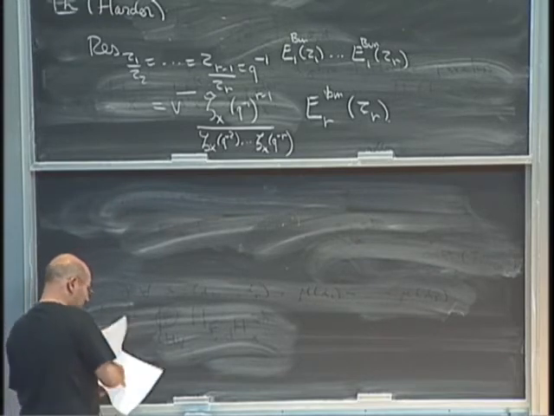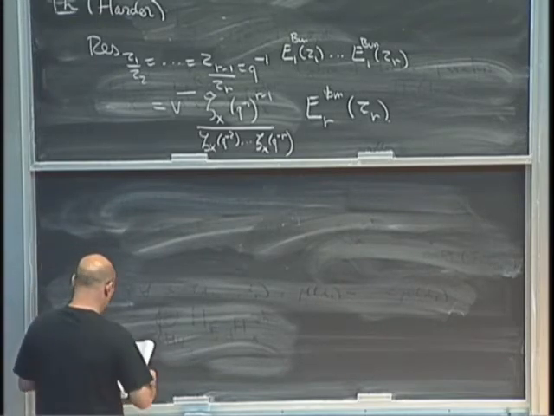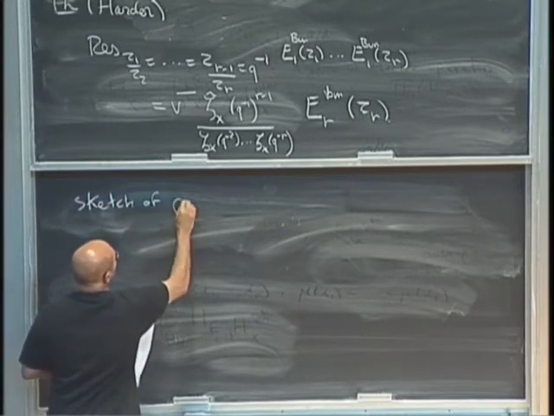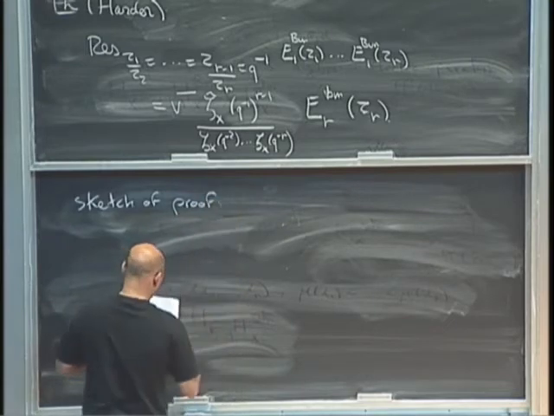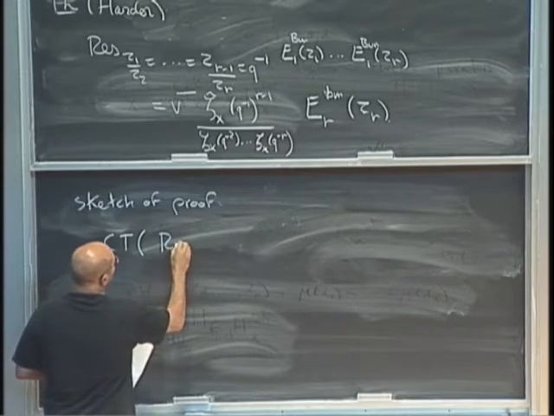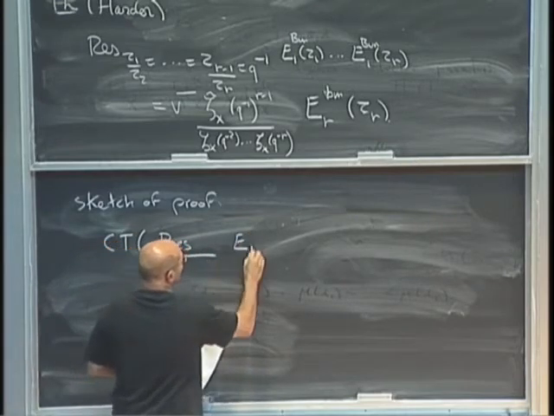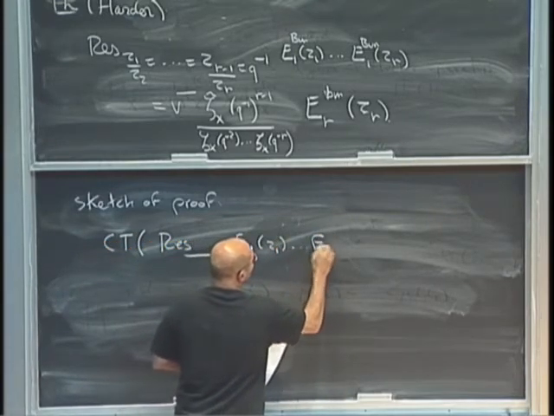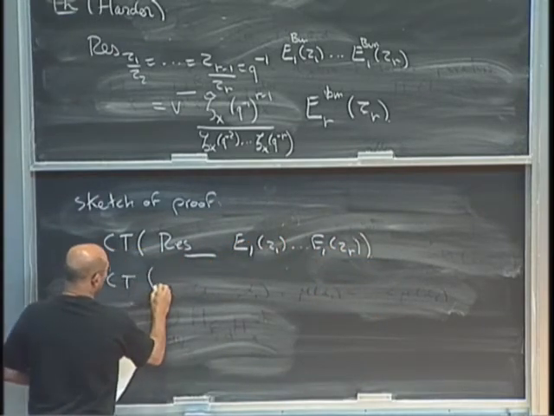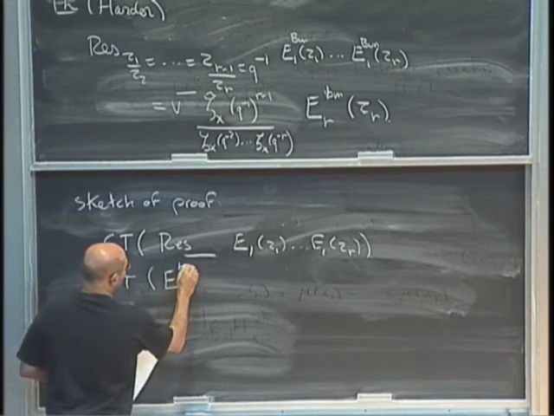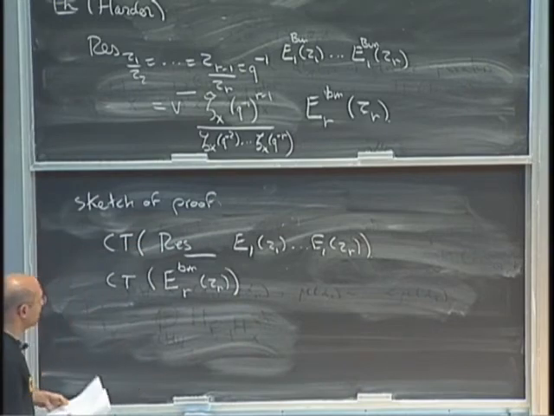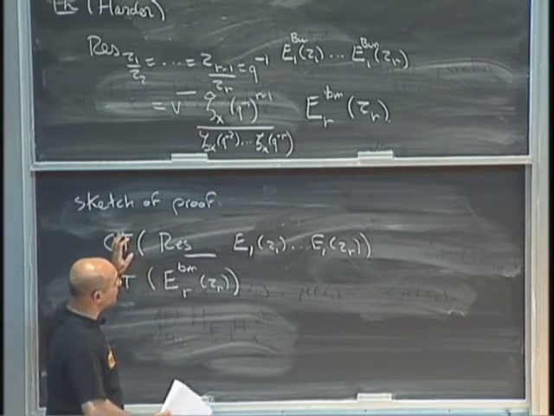So what is the sketch of this proof? Well, you just compute the constant term of this residue, E1 of Z1, E1 of Z_R, and you compute the constant term of E_{Bun_R} of Z_R. And how do you compute the constant term? The constant term is just the coproduct.